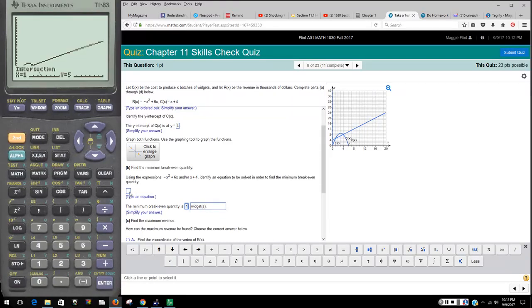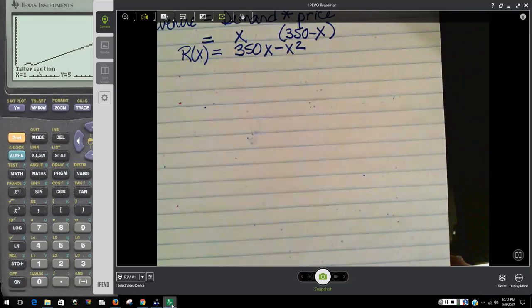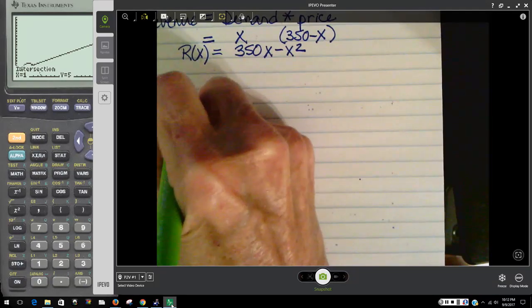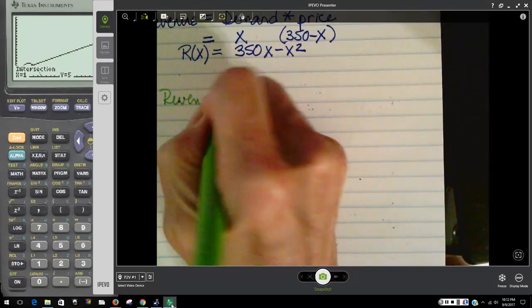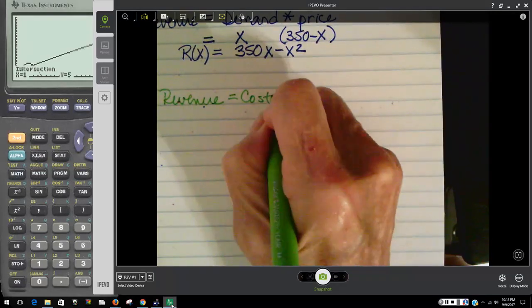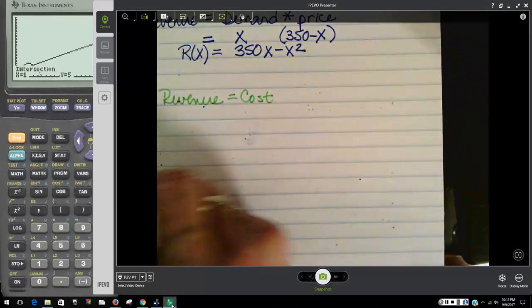And it wants us to type an equation that we would solve for that. Now, I'm going to move over here to the document camera for a second and remind you that revenue is equal to cost, which is your break-even point.